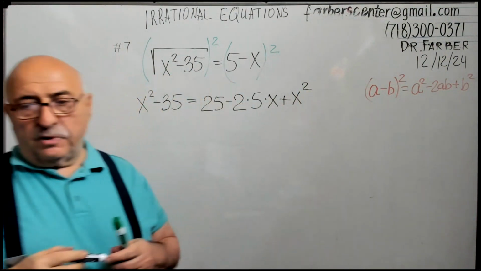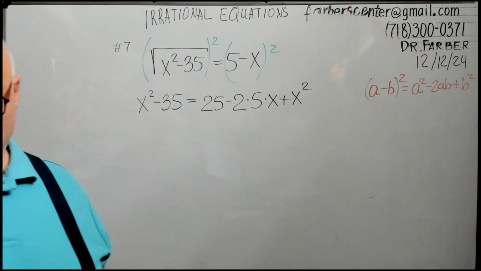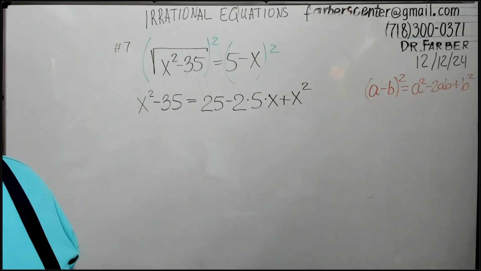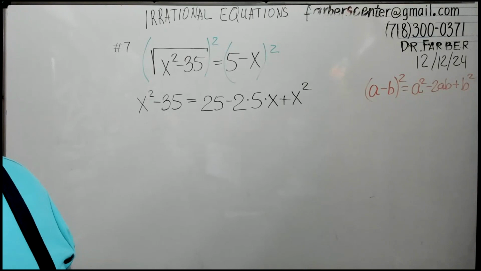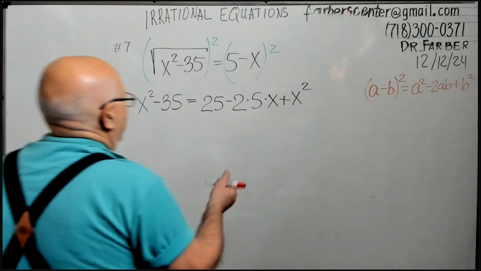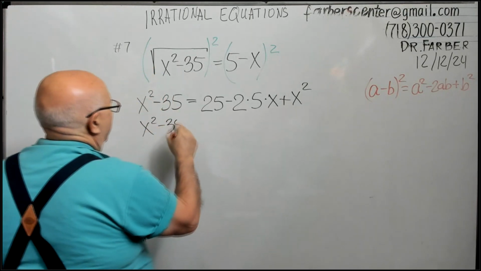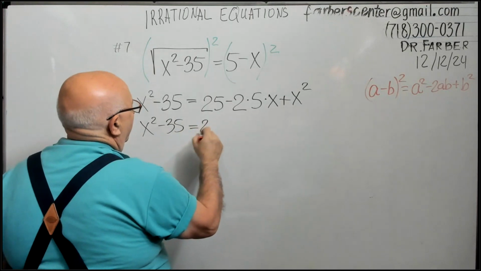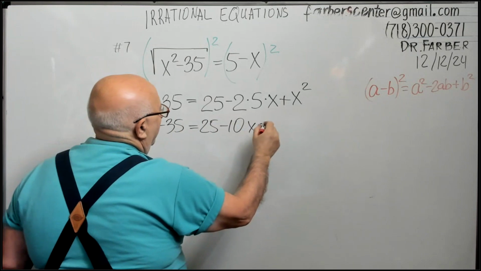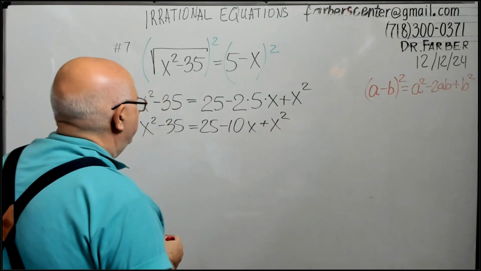Who understands up to this point everything? Gabriel, you with me? Good, hands down. Let me do the steps. x squared minus 35 equals 25 minus 10x, 2 times 5, plus x squared.